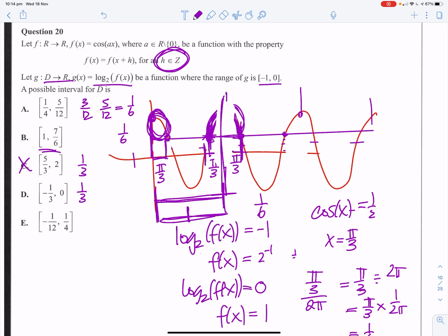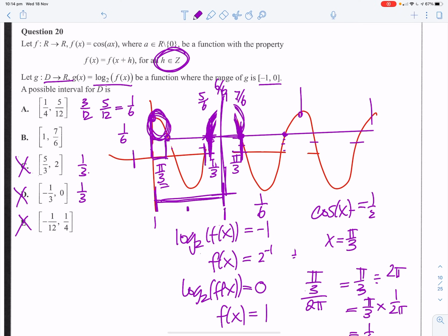If the domain, like if the period was 1, we know if it was a third, that value there would be, that's 6/6, so this would be 5 on 6 up until 7 on 6. So it can't be that. Negative 1/3, it can't be that. Negative 1/12 to a quarter, can't be that. It's got to be one of these two.